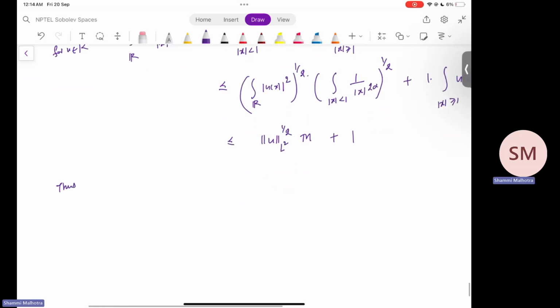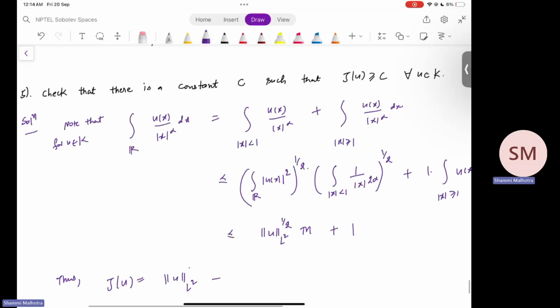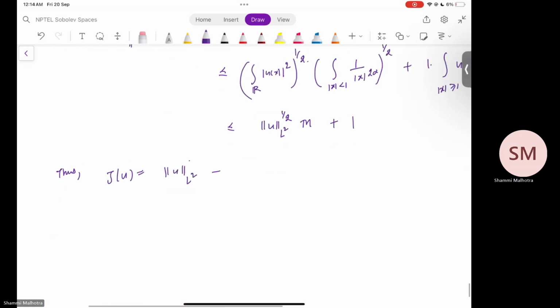So what do we have here? We have J(u) is greater than the L2 norm of u squared minus (1 plus some constant m) times the L2 norm to the power half.